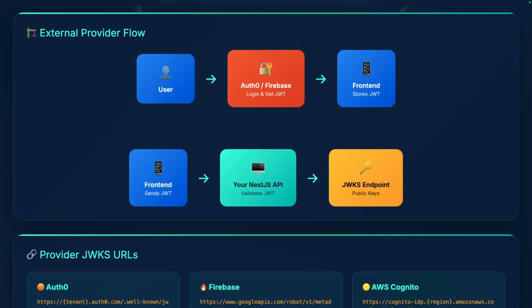Now the important point is that not every time you are creating the token by yourself. If you are using an external provider like AWS Cognito, Auth0, Firebase, or any other provider which is taking care of your authentication, like user management provided by Okta, Auth0, Keycloak, then you don't need to worry about creating the token.